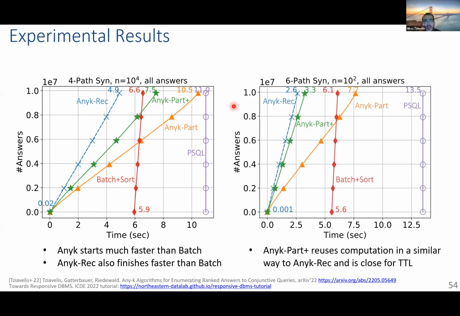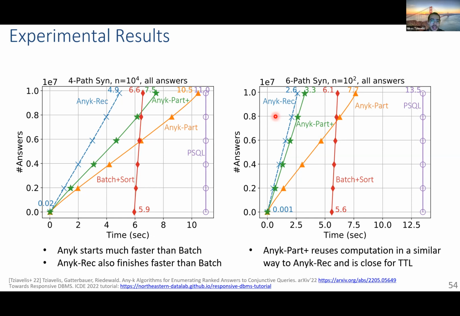And in fact, if you run a longer query with more tables, where there are more opportunities for reusing computation, then Anyk-Part plus is very close to what the recursive one does, because it exploits the same property.